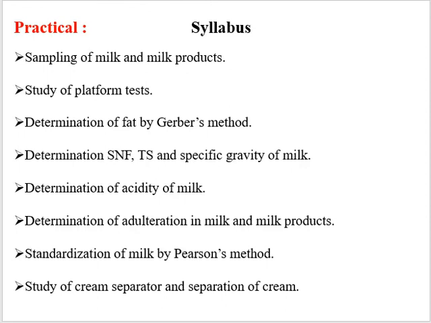The sample is completely evaporated and the crucible is kept in a hot water bath for 3 hours at 100 degrees Celsius. Then the crucible is taken out and weighed on the balance. By the formula, weight of residue is the initial weight minus the final weight. This is how total solids are determined.